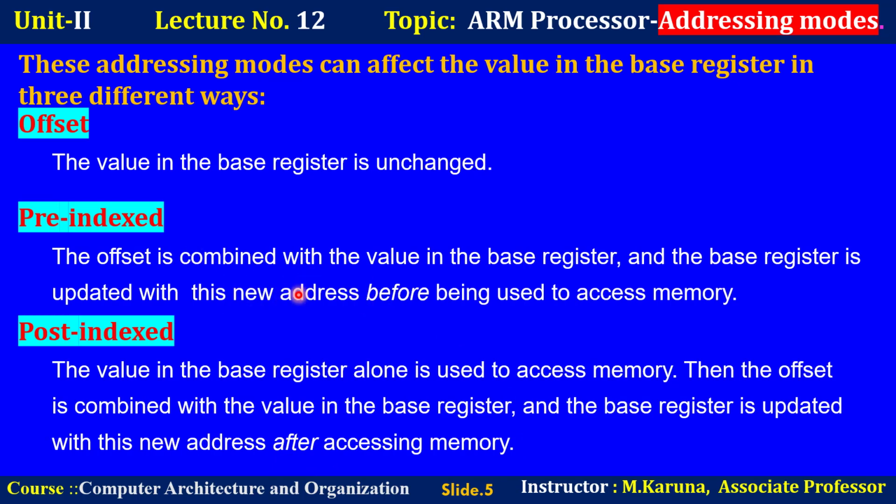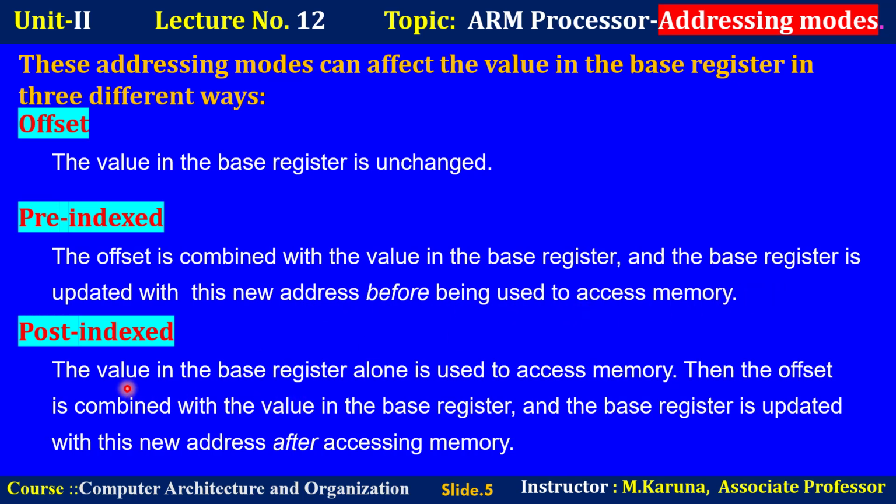Let us see the difference between these two addressing modes, pre-indexed and post-indexed, with examples. In pre-indexed addressing mode, the offset will be added to the base register content to generate the new address before going to access the data from the memory.